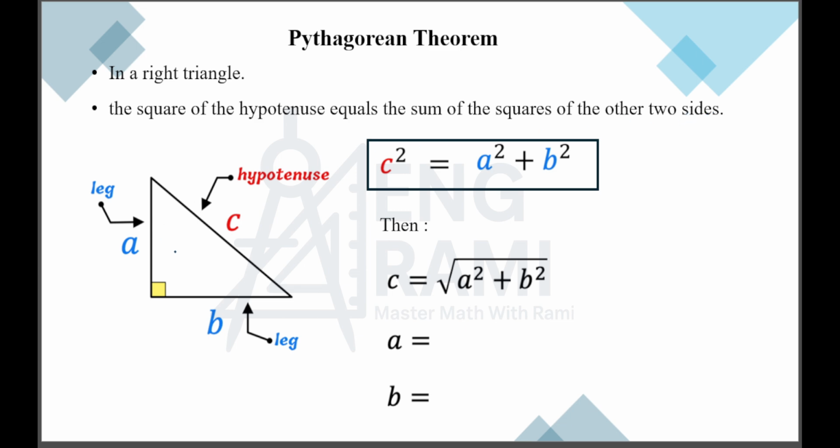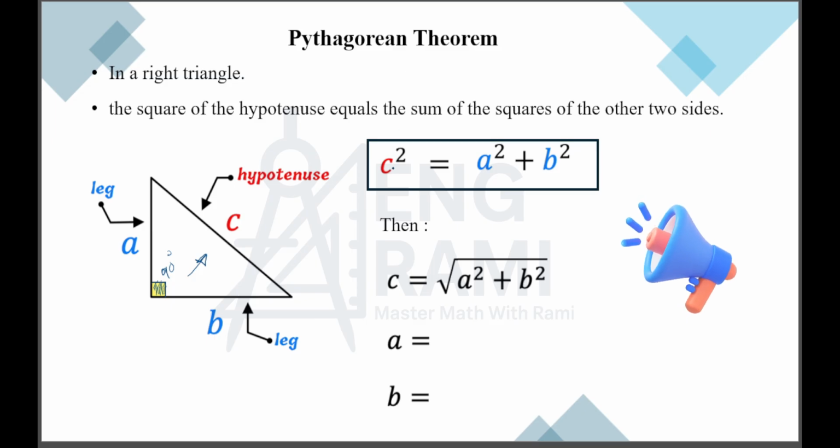As you can see here, we have a right triangle with a 90-degree angle at the corner, which we represent as a square. This is side A, this is side B, and this is the hypotenuse, which is C. As we said before, it is the longest side in the triangle and opposite to 90 degrees.